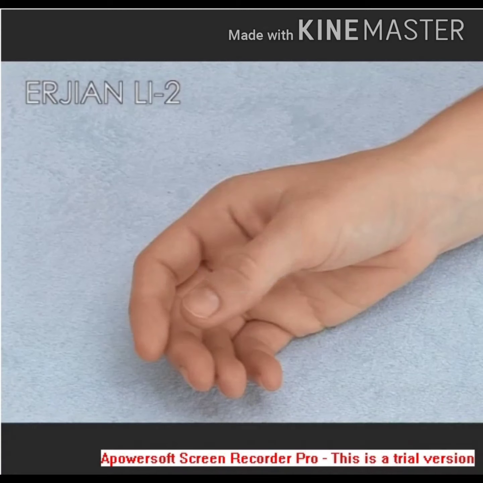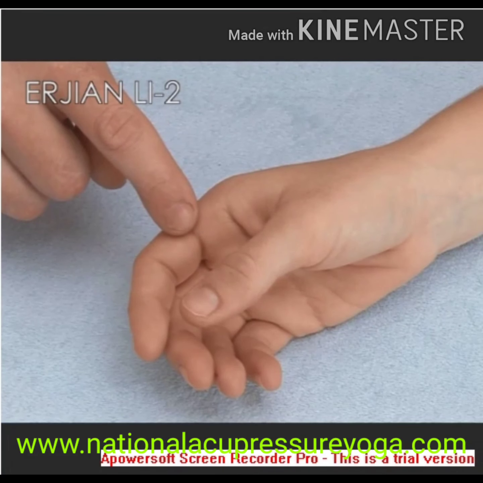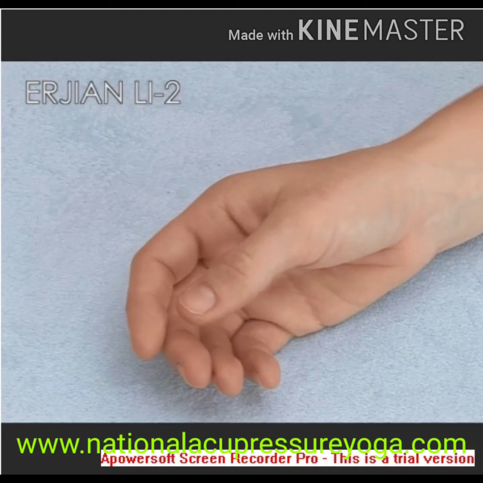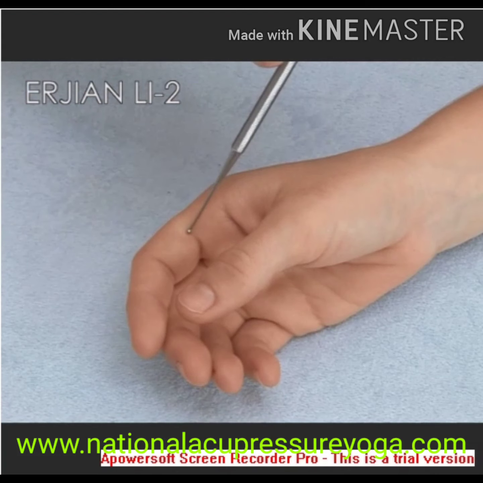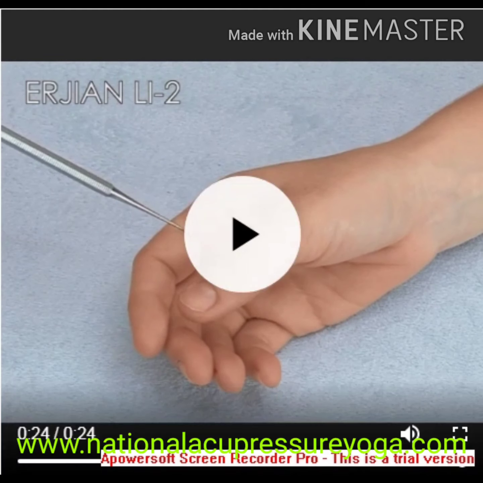Erjian, large intestine 2, is located on the radial border of the index finger in a depression just distal to the metacarpophalangeal joint. This point will be easier to find if the index finger is relaxed in a slightly flexed position. 1. Oblique proximal or distal insertion 0.2 to 0.3 cun. 2. Perpendicular oblique insertion towards the palm 0.5 cun.